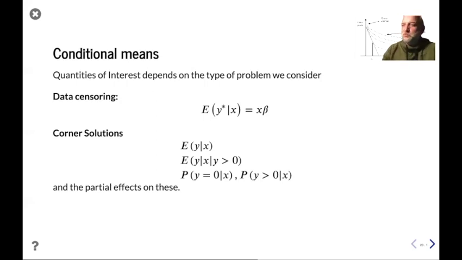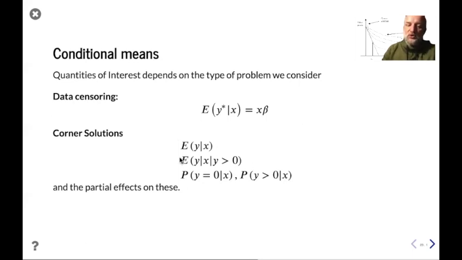You want to see what is the expected value of y conditional on x. What is the expected amount of hours for, say, a person with this education or this age and experience, and so on and so forth, once you condition on that, right? And that turns out to actually be a nonlinear object. It's not equal to x beta. We're going to derive now what it looks like.